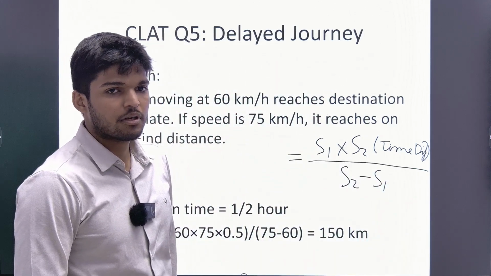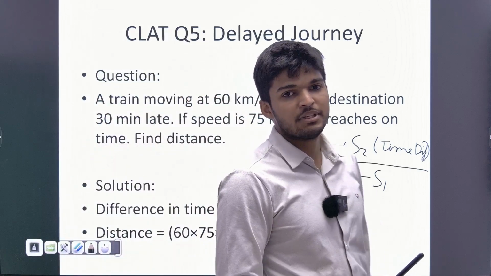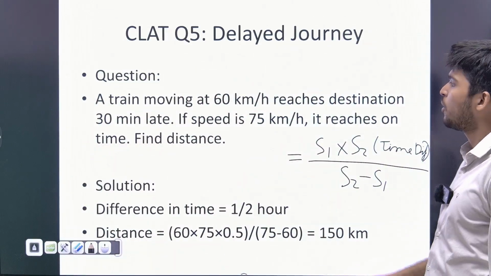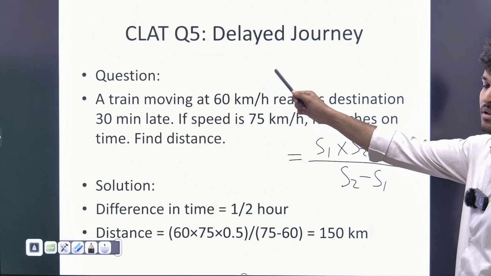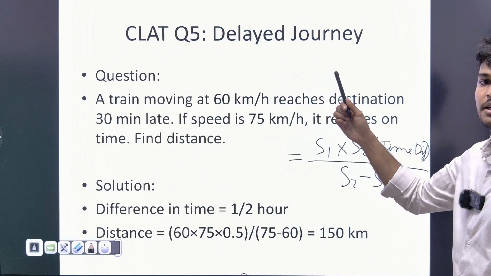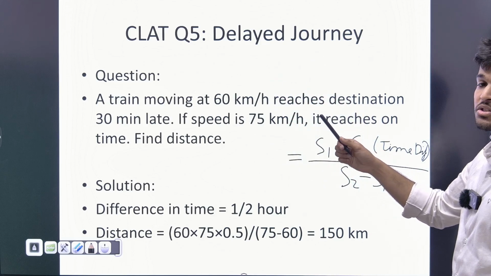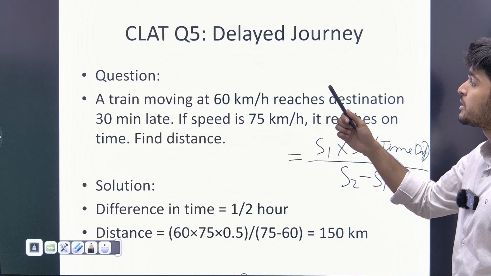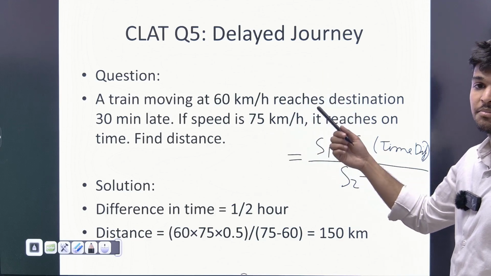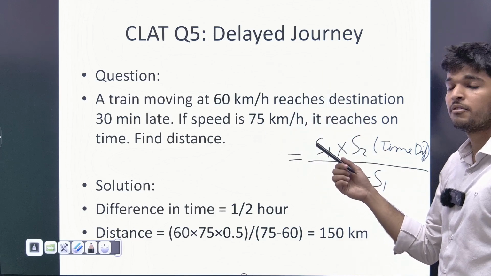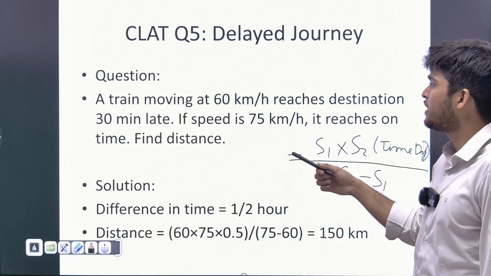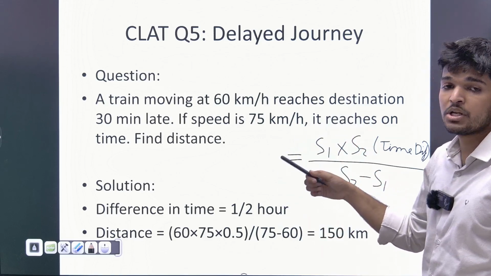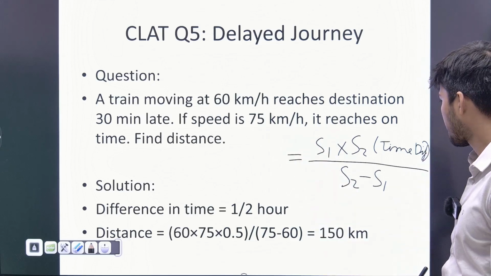This formula is applicable to calculate the distance when we only know the speed at which the train is moving, the speed at which the train would have reached on time, and the time by which the train is late.